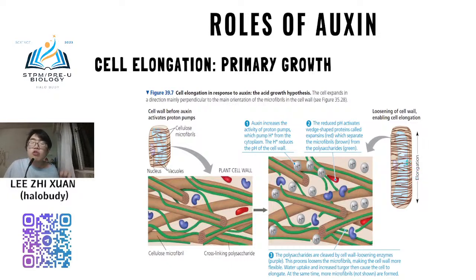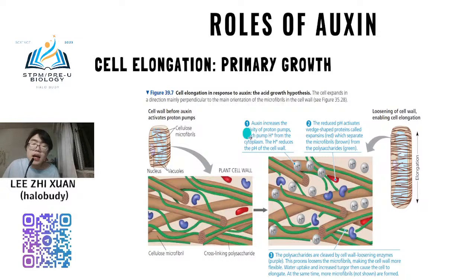It is not cell division. It will not produce many plant cells, but it provides larger plant cells. That is why we call it cell elongation. It elongates the plant cell. So normally this is the response of the auxin toward cell elongation.